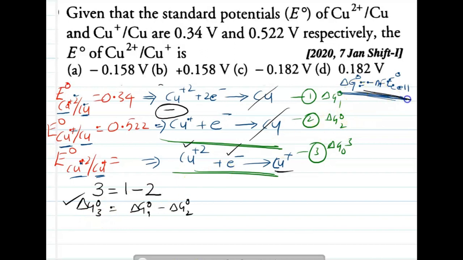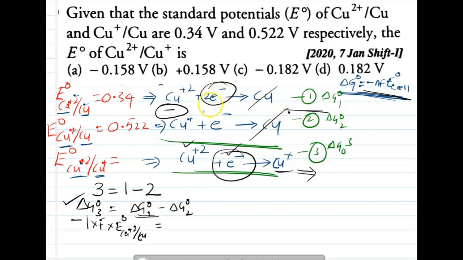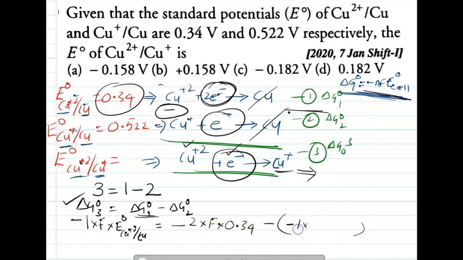Then let's apply this. Delta G naught 3 is equal to minus nF E naught, where n is the number of electrons, 1, into F into E naught of our cell, Cu+2 to Cu+. This equals delta G naught 1, that is minus nF E naught, where n is 2 electrons, minus 2 into F into 0.34, minus delta G naught 2, which is minus nF E naught, here n is only 1, so minus 1 into F into E naught given as 0.522.